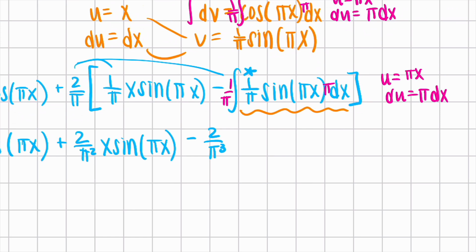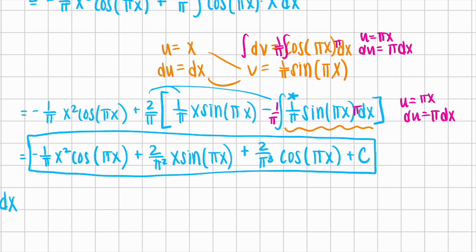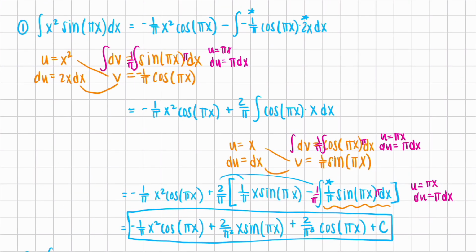And let's see, the integral of sine is negative cosine. So this negative, I'm going to make positive. I have cosine of pi x plus c. And there is our answer. All right, so first, different type, we could do integration by parts multiple times in a problem. So this is an example of us doing it twice.